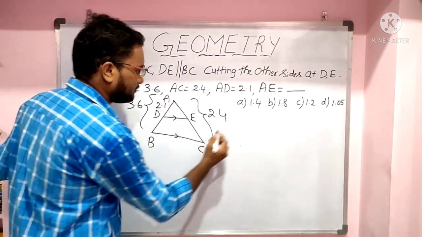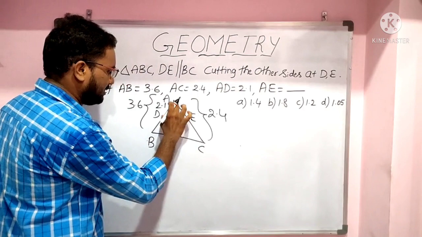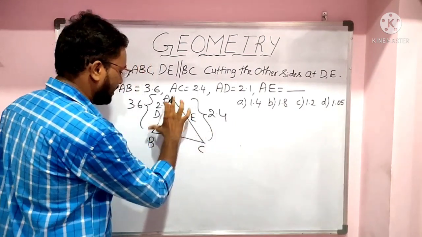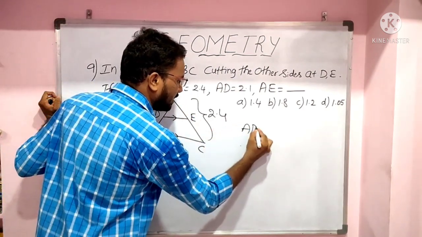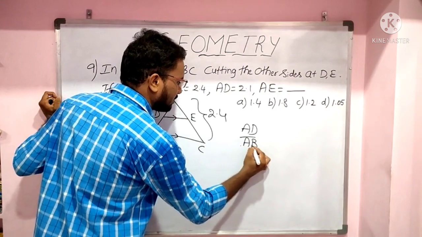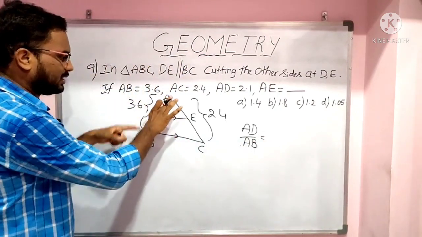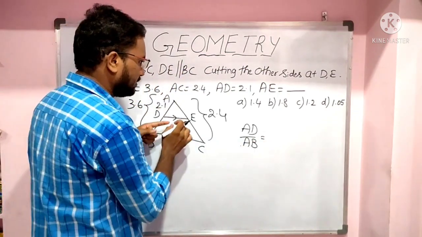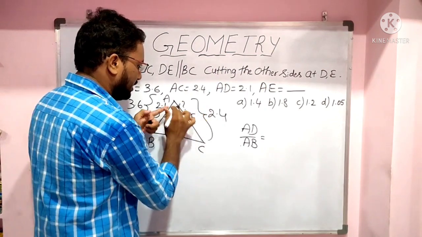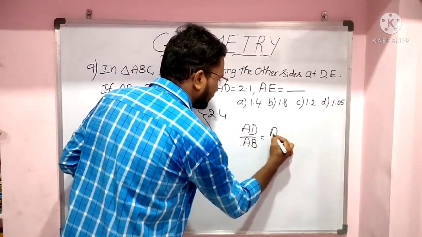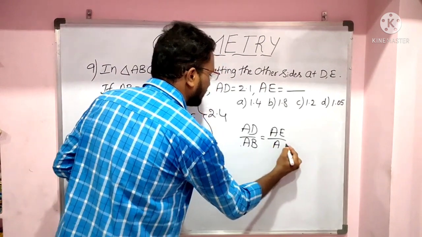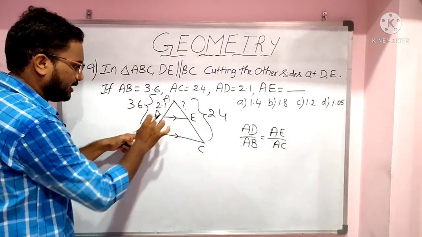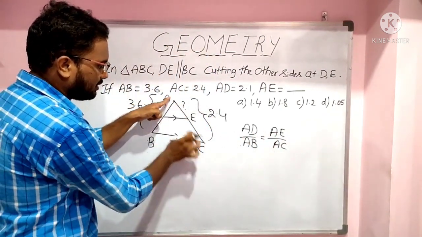That means AD by AB equals AE by AC, since here we need to find AE.